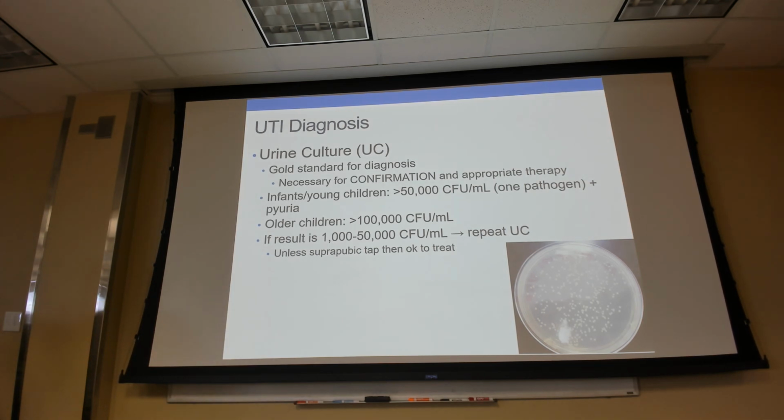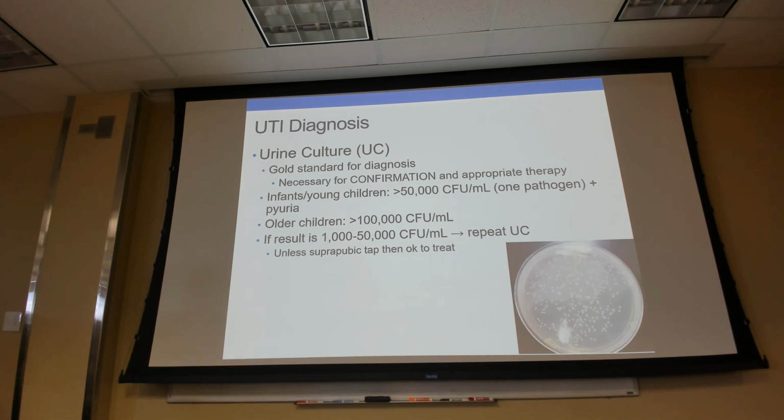So you are looking for more than 50,000 colony-forming units. So that's kind of your magic go-to there of that one pathogen. So I'm looking for that E. coli, I'm looking for that Proteus, I'm looking for the Klebsiella. More than 50,000. Certainly if you have an older child, and older meaning they're toilet trained, they did truly get a good sample going on.